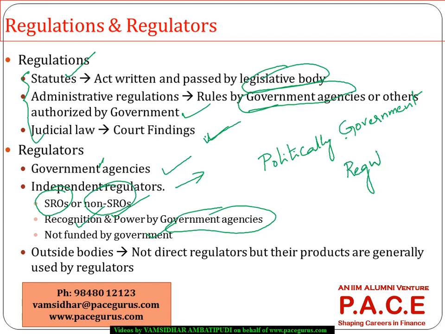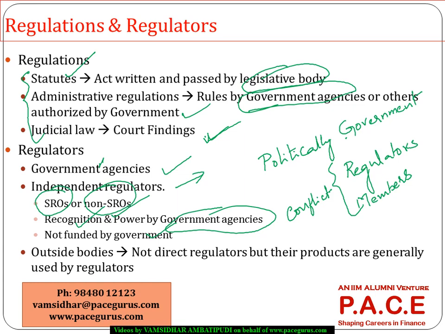They play the role of regulator and also they represent their members. So in this case, the problem that comes out is a conflict of interest, especially in case of a self-regulatory organization, which acts as a regulator as well as has its own business in the same space.